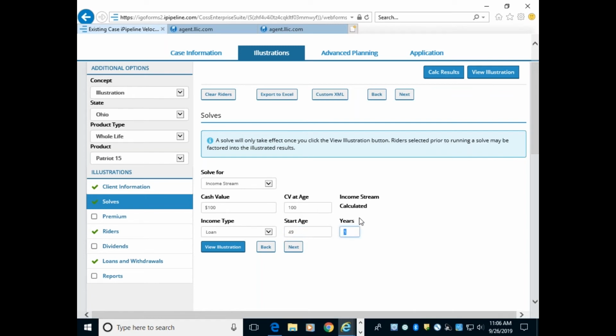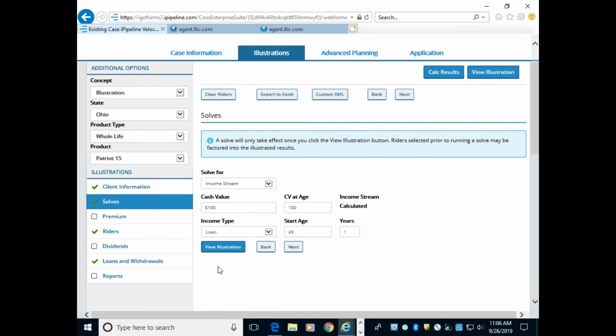And then you're going to tell the system how many years you want that payment to go. For this example, I'm just going to ask for one particular year. You can make this any amount of years that you want, 5 years, 10 years, however you want. We're going to demonstrate 1 year.